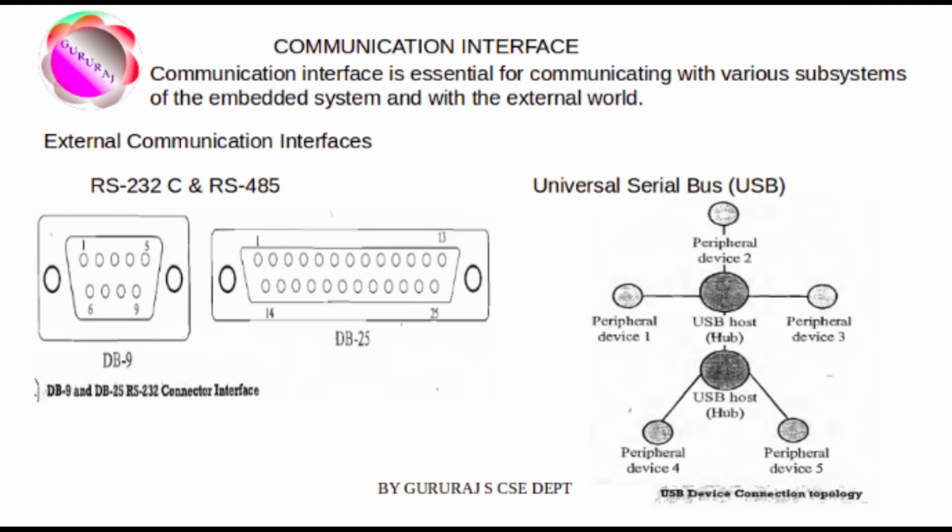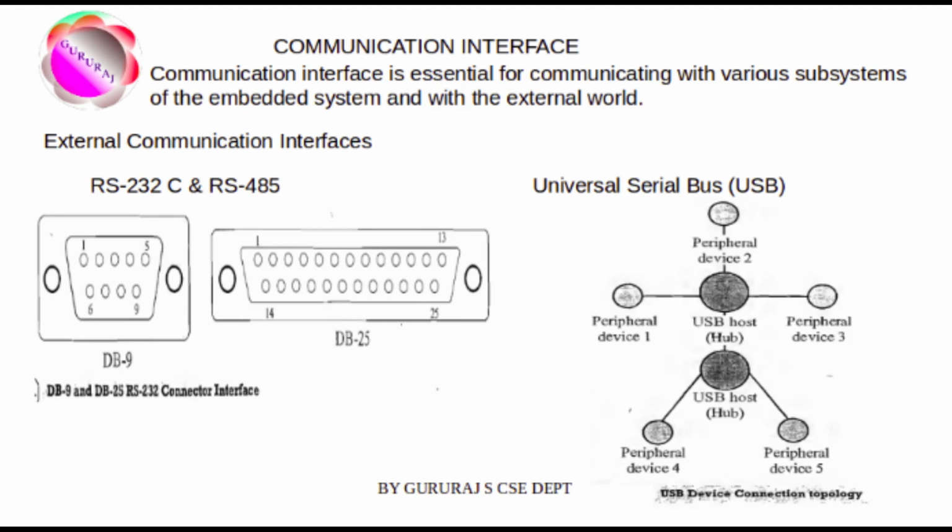So RS-232C, recommended standard number 232 revision C from Electronic Industry Association, is a legacy full duplex wide asynchronous serial communication interface. The RS-232 interface was developed by Electronic Industry Association (EIA) during the early 1960s.